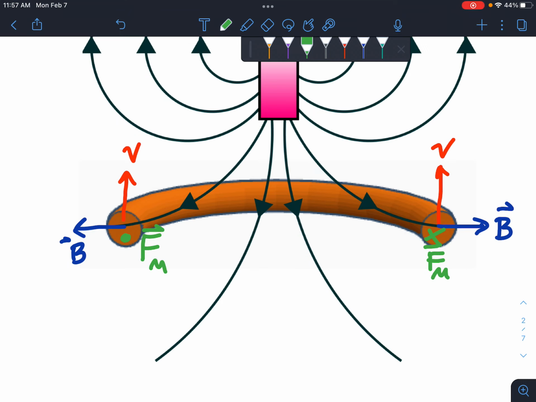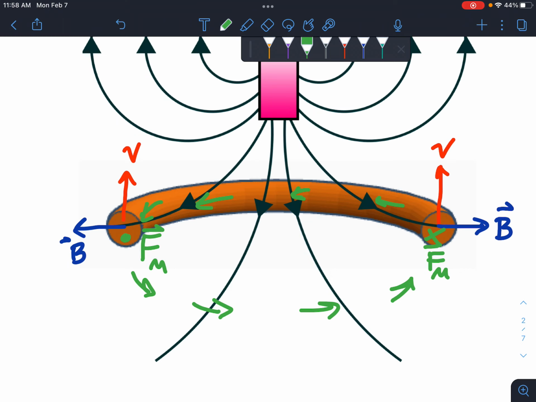And if you were to do this at any point along the way, you would convince yourself that the magnetic force is going along the coil in a circular pattern. Any point you pick, rotate this thing around three-dimensionally in your head if you want to, or just trust me, you get that all of the charges are being pushed around anti-clockwise.